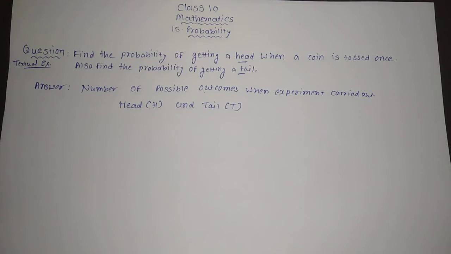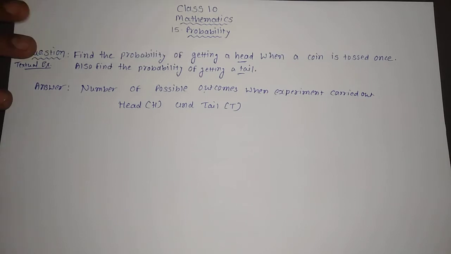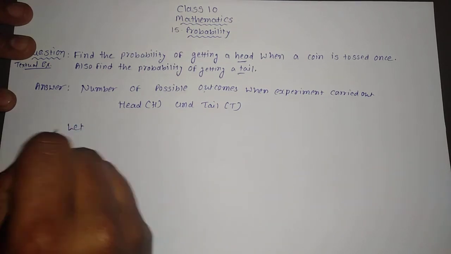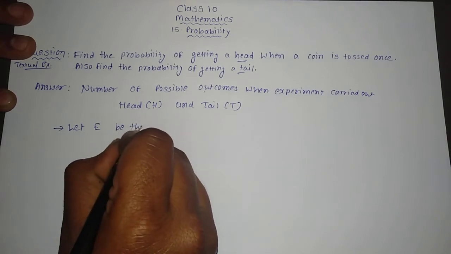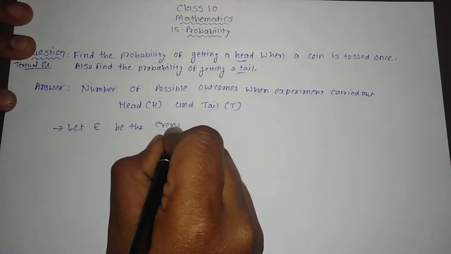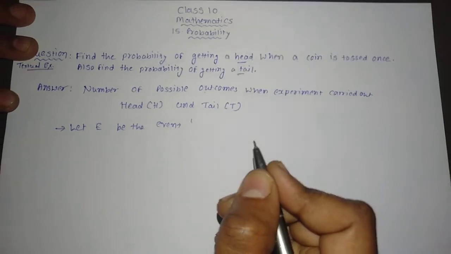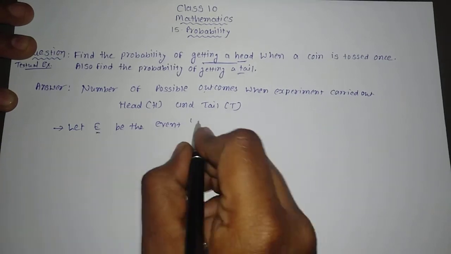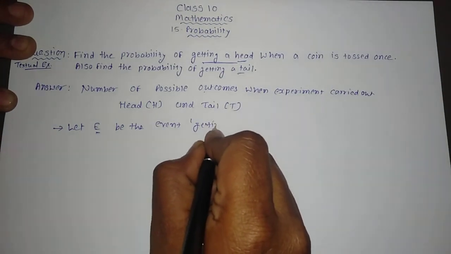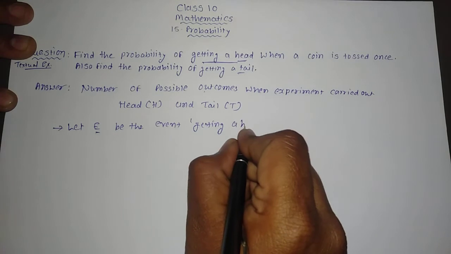Now, what have they asked? Find the probability of getting a head when the coin is tossed. Let us write this event of getting a head as E. Let E be the event of getting a head.